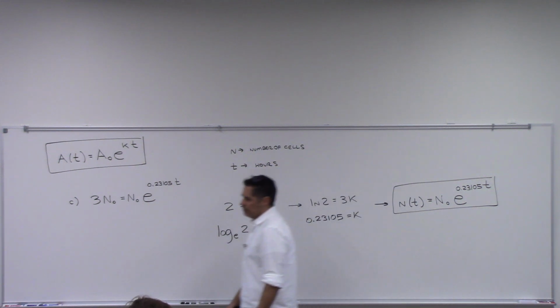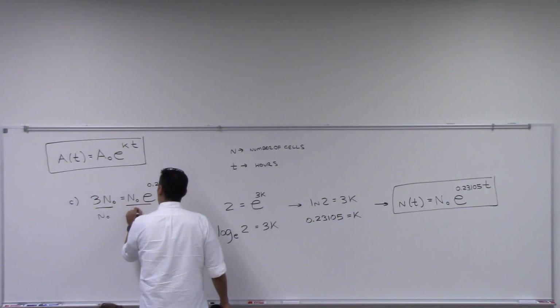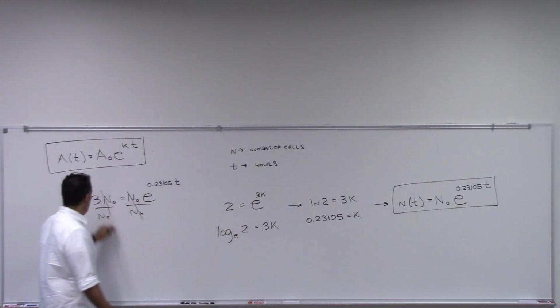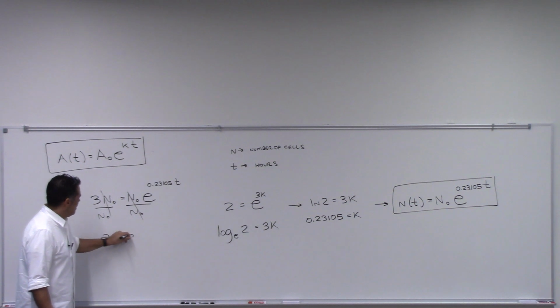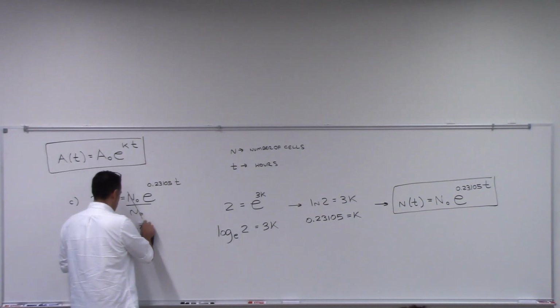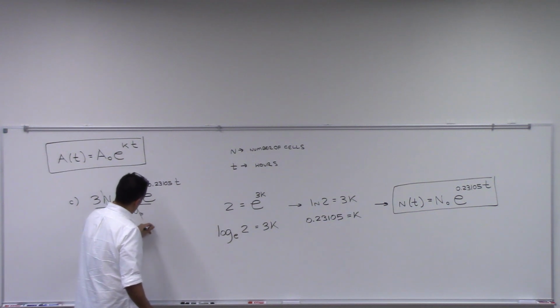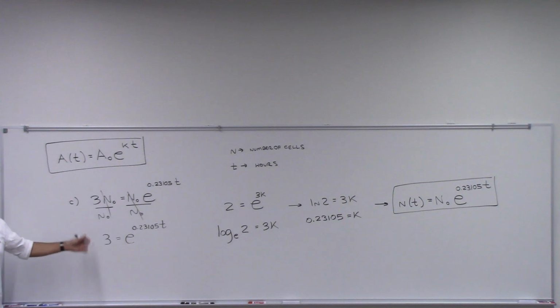And now follow the same procedure, divide both sides by N naught. N naught goes away. You get 3 equals e to the 0.23105t. And now we've been playing this game a few times now, right?